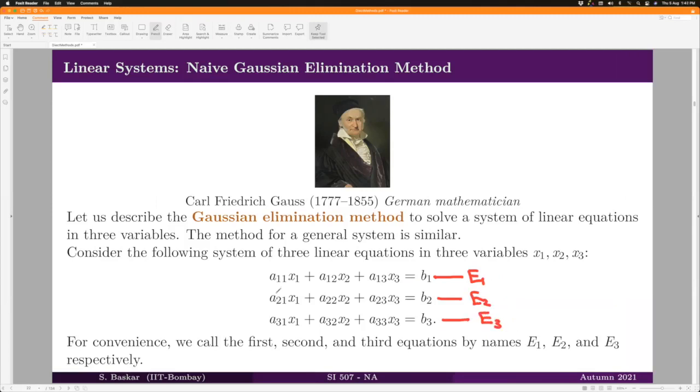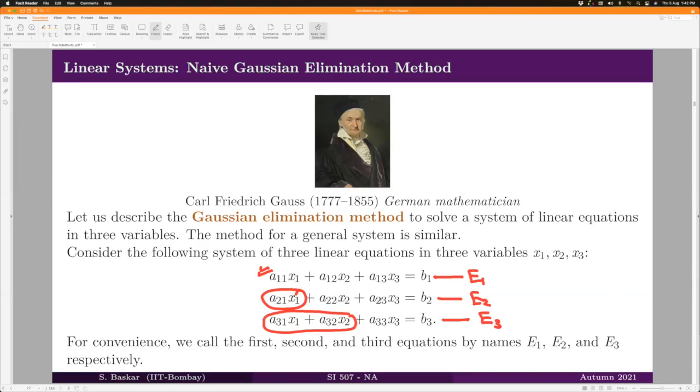The idea of the method is to somehow eliminate the first term of the second equation and the first and second term of the third equation, and thereby we get an equivalent system in which the first equation is retained as it is, whereas the second equation is rewritten in such a way that the first term coefficient is 0.